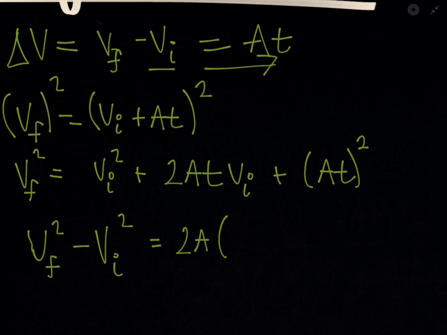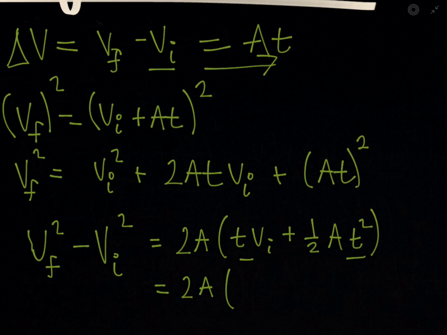So factor out 2a, that leaves us with t times initial velocity plus 1/2, because 2 times 1/2 is 1, times the acceleration times the time squared. And actually in here, we're going to factor out another t. That's the same thing as 2a times t, I didn't factor out 2at for a reason, so we're going to put that t here, times initial velocity plus 1/2 at.